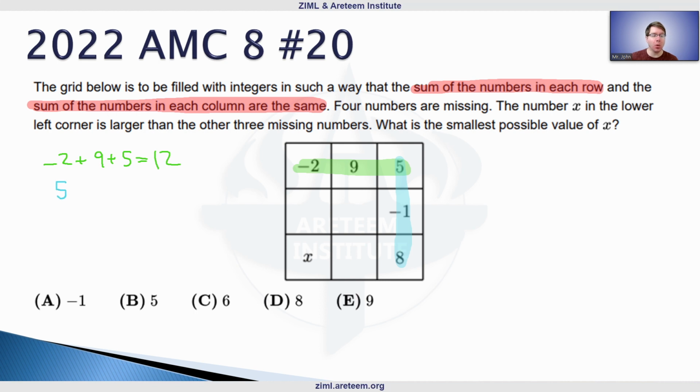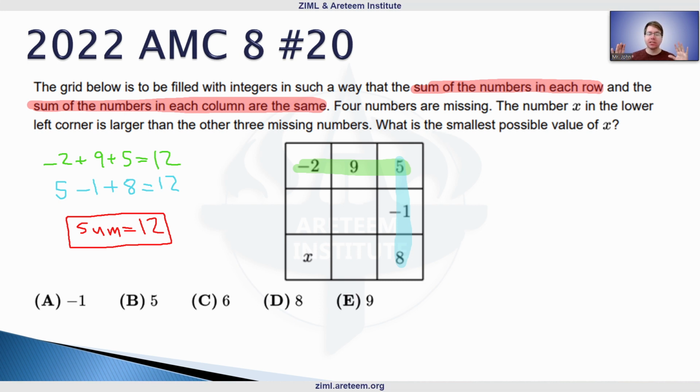Notice these are the only two places where we have only numbers. There's no missing numbers there. 5 minus 1 plus 8 is 12 there too. So we can be confident then that our sum is equal to 12. We definitely have that piece of information that we can work with there.